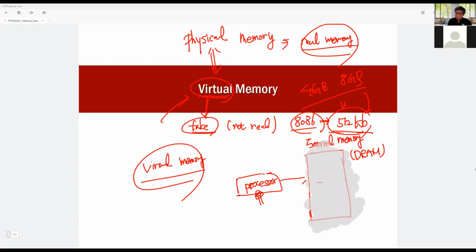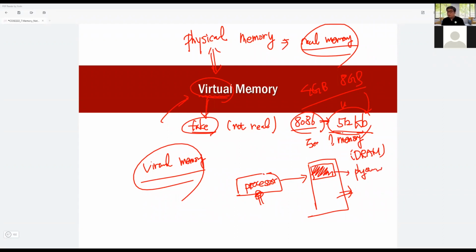So for example, this is the size of memory required by an application. But actually this computer system only has a very small physical memory, it's a real memory.